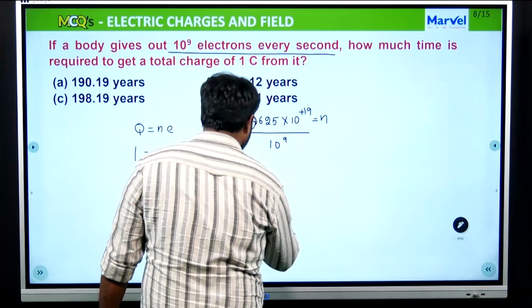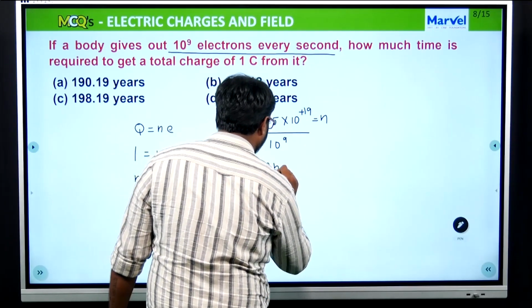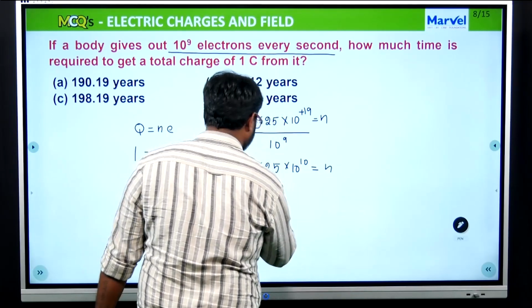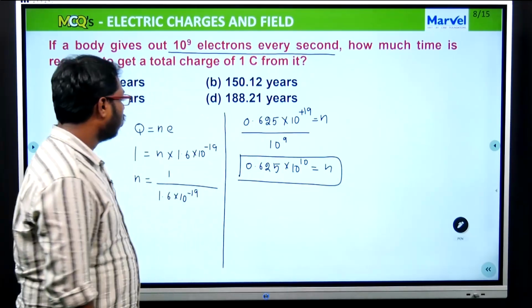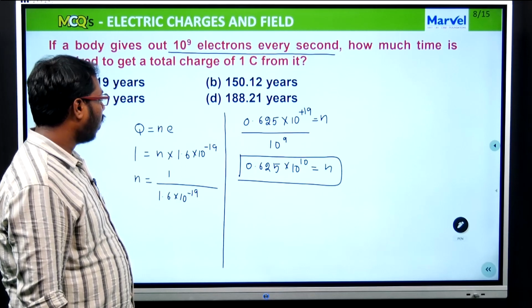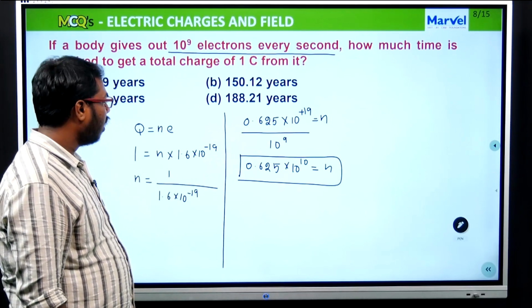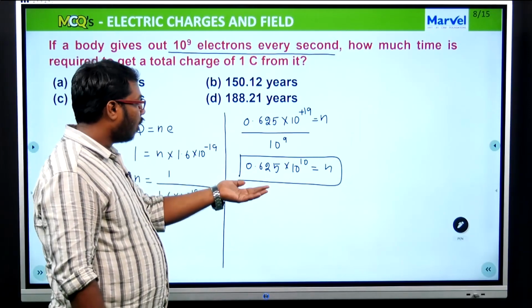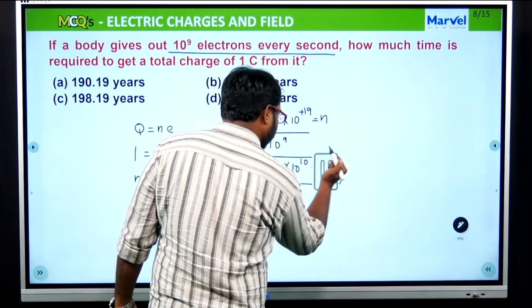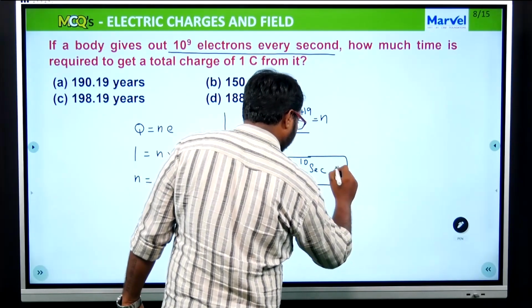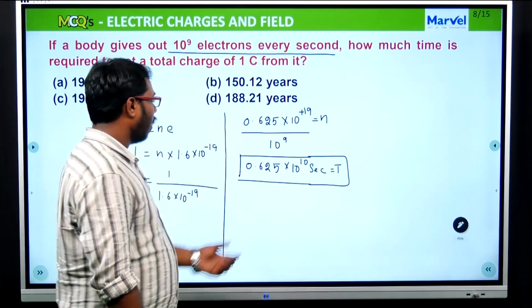So listen, 0.625 into 10 power 10 is equal to n. So this much amount of seconds, this is in seconds.